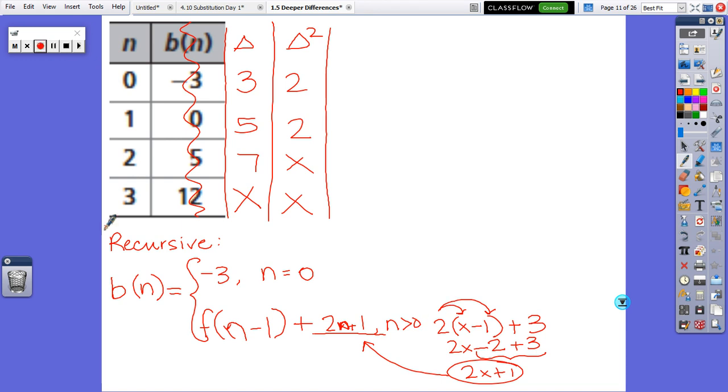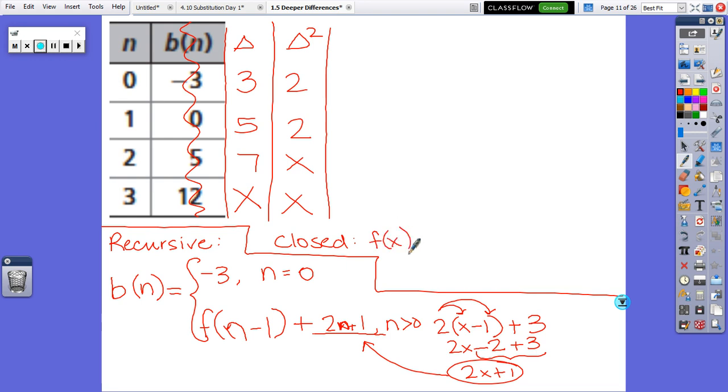So now remember, for closed form, okay, let's do the closed form here. We know that because it ends in the delta 2 column, that it's going to be a quadratic function. And a quadratic function has a highest degree of x squared. So we know it's going to be something x squared with something here and something back here.